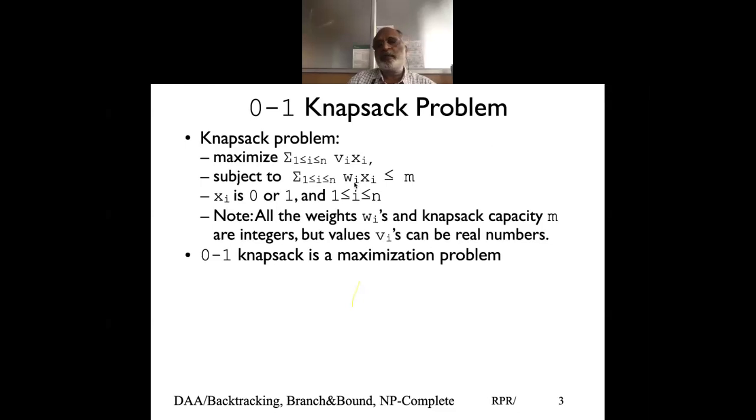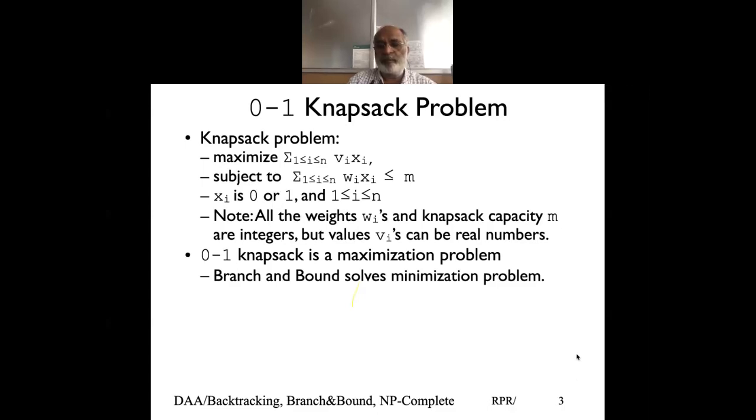So we know that our knapsack is a maximization problem. Why maximization? Because we are trying to maximize the value or the profit associated. But we also know that the branch and bound that we have discussed is basically a minimization problem. Branch and bound is a minimization problem, whereas knapsack is a maximization problem. So how do we convert this maximization problem into minimization?